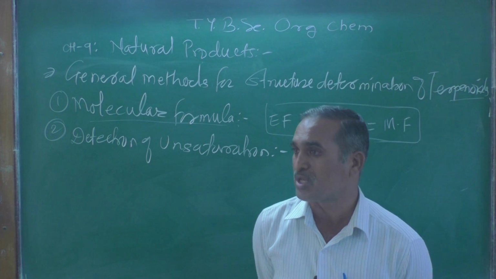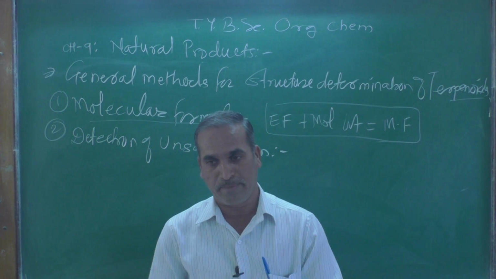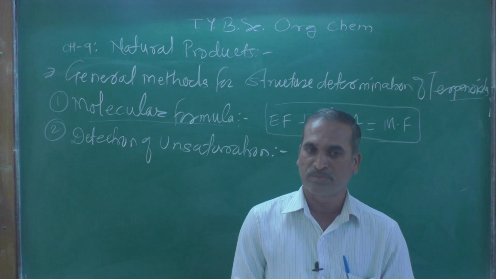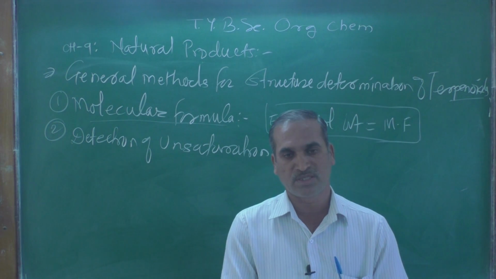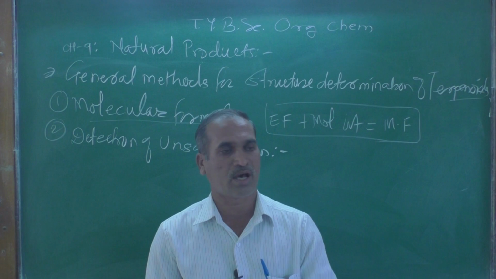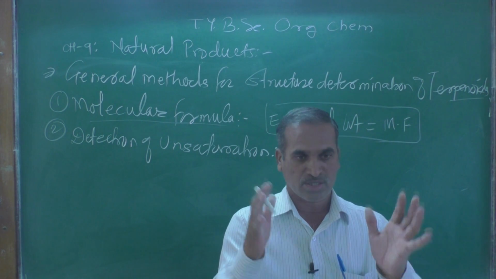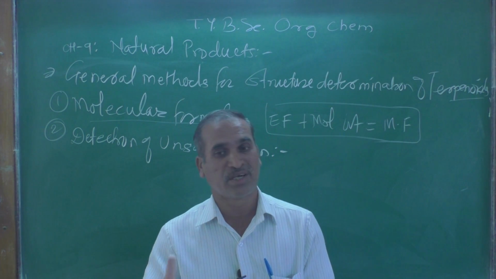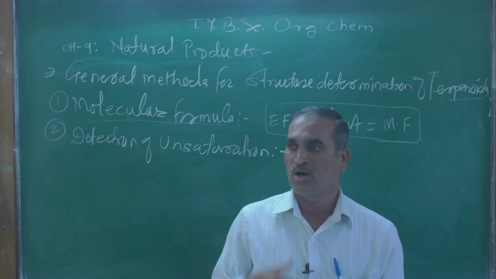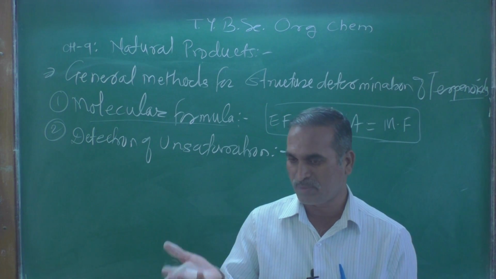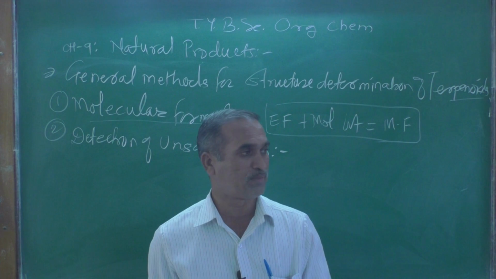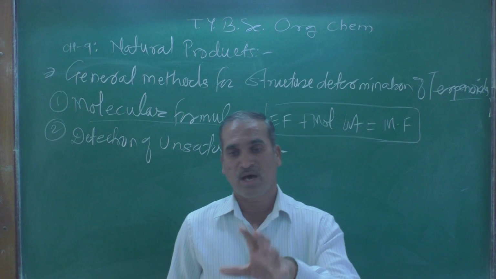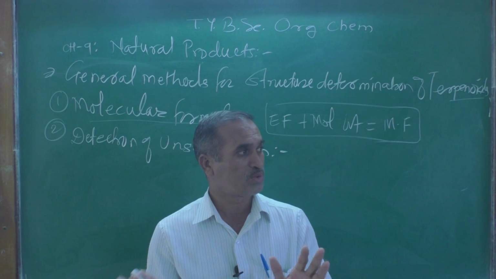Theoretically, organic compounds containing only carbon-carbon single bonds are called saturated compounds, and those organic compounds containing multiple bonds, such as carbon-carbon double bond, carbon-oxygen double bond, carbon-nitrogen double or triple bond, or carbon-carbon triple bond, are known as unsaturated compounds.